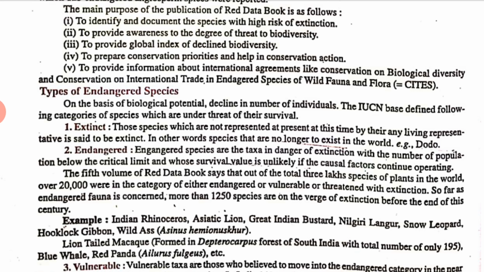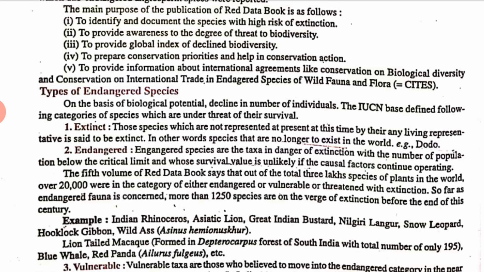That is known as an extinct species. When we talk about endangered, it means taxa that are in danger of extinction, with the number of population below critical limits, and whose survival is unlikely if the causal factors continue operating.